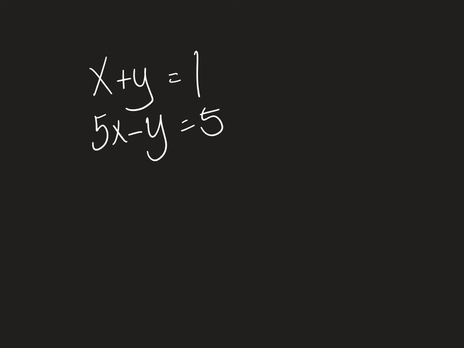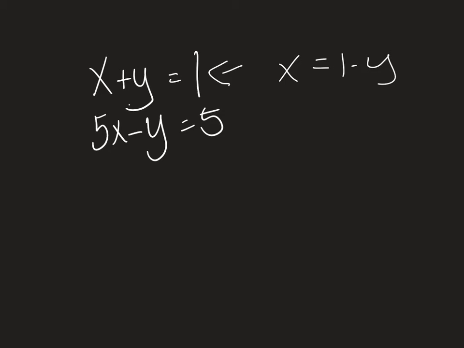Number 15, x plus y equals 1. 5x minus y equals 5. Now, automatically I see that I'm going to start with the top equation because I can subtract that y and have x equals 1 minus y. If you had y plus the negative 1, that would be the same thing.